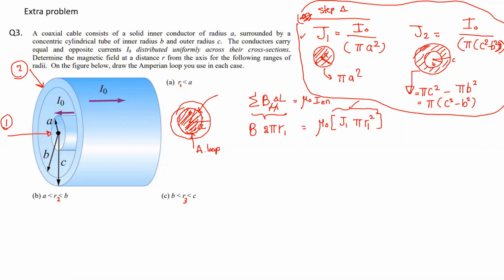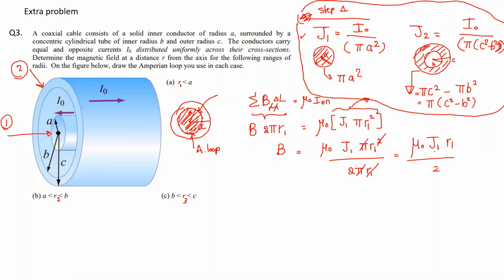So practice this few times, you will see that in almost every problem they ask this. So if I simplify this, I get mu naught J1 pi R1 squared divided by 2 pi R1. So I can simplify this a little further. One of the R1s will get cancelled. So I get mu naught J1 R1 divided by 2.